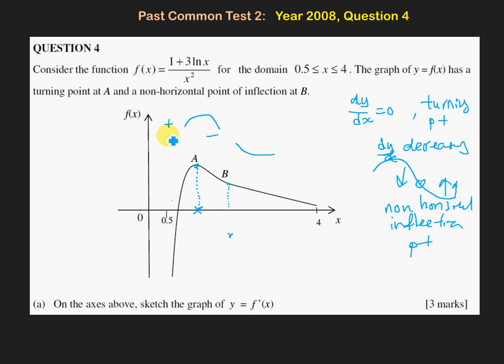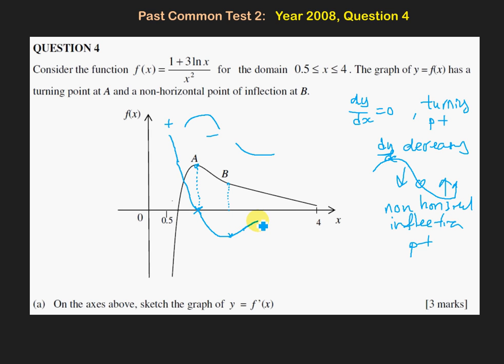Using the theory that we know, the curve is going to look like this, and after the U-turn the dy/dx, or the f prime, is increasing.